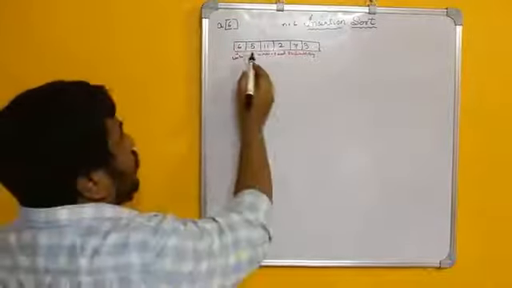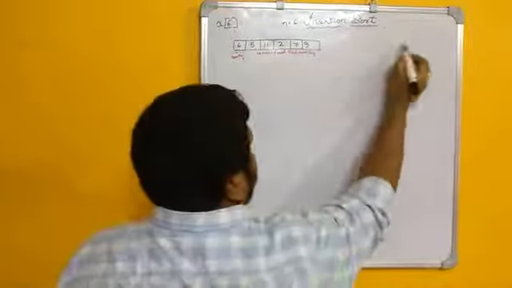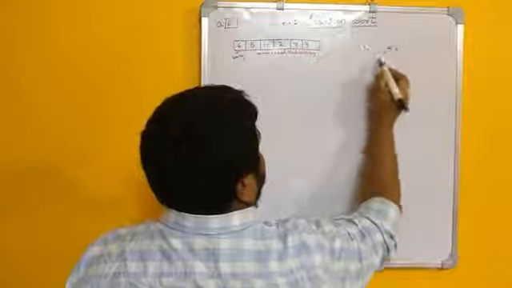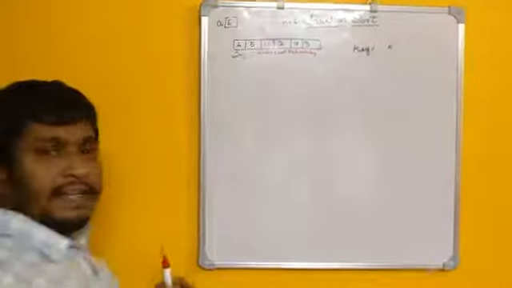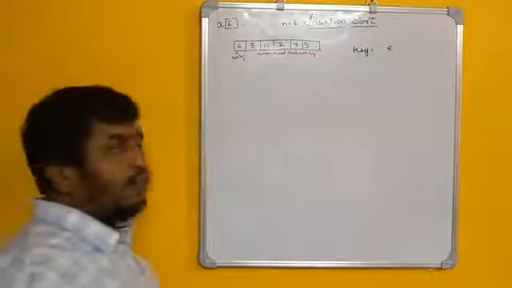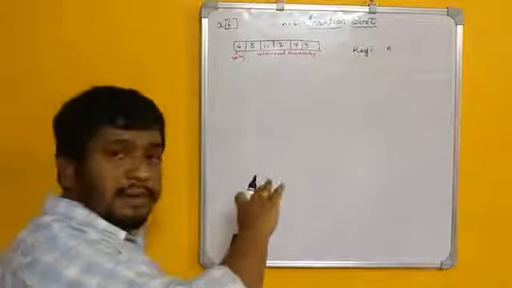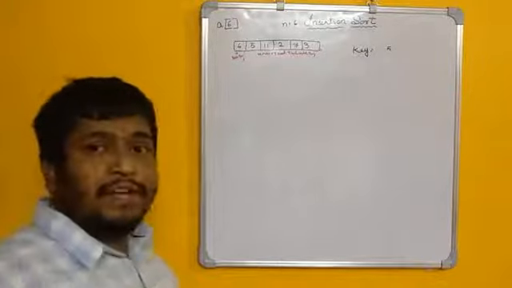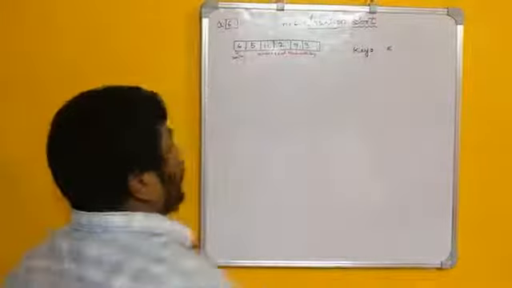Usually we will take the first element from the unsorted subarray. So we will pick 5 and set it as key. Key is equal to 5. We have taken the first element from the unsorted subarray and stored it in a variable called key. So now our key is 5.